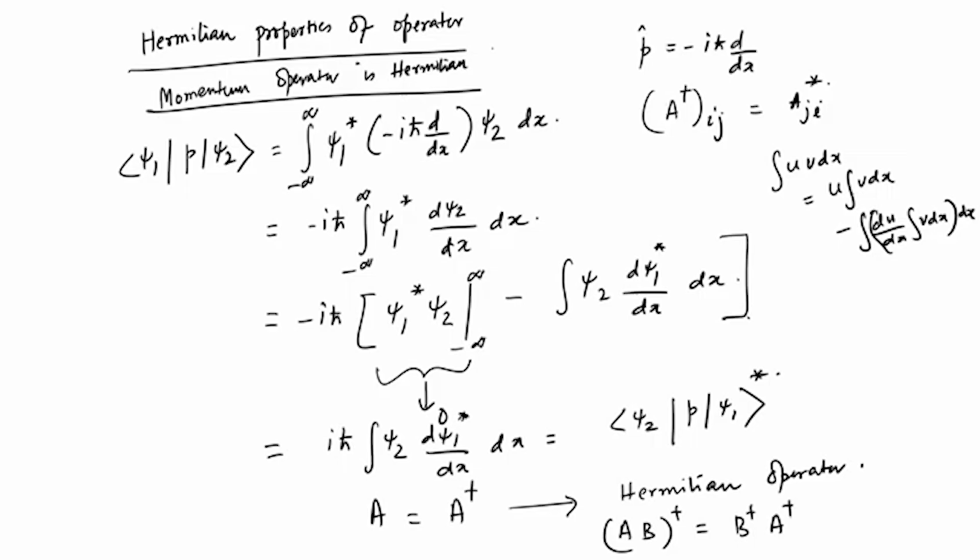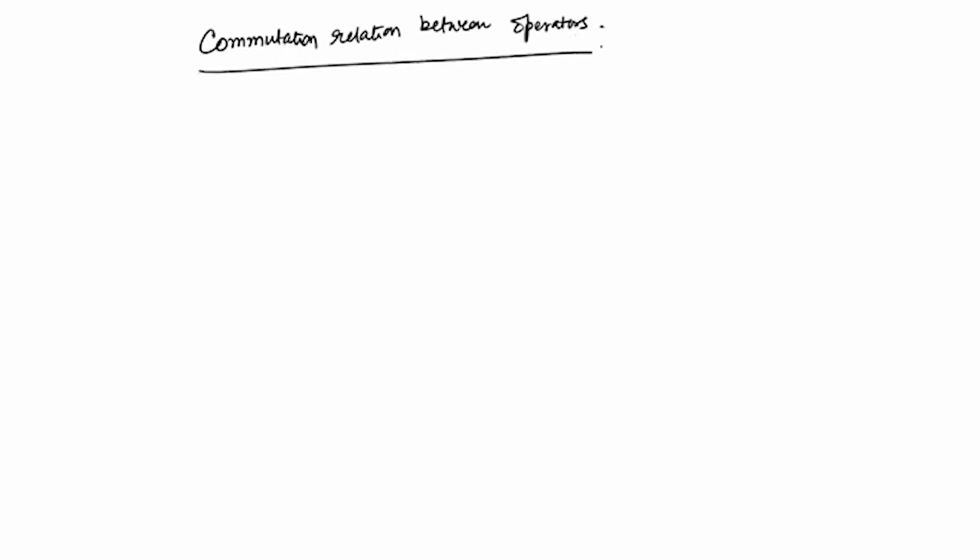Okay. So, let us talk about the commutation relation between operators. Again we show it with two specific operators.